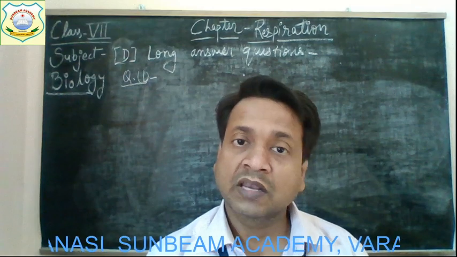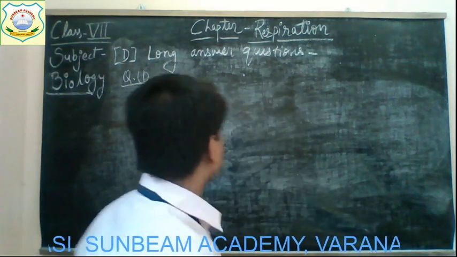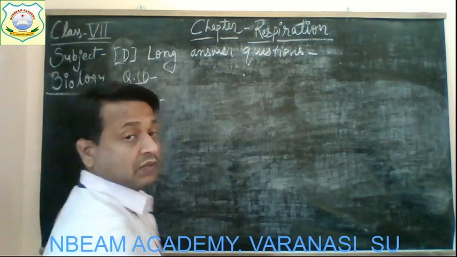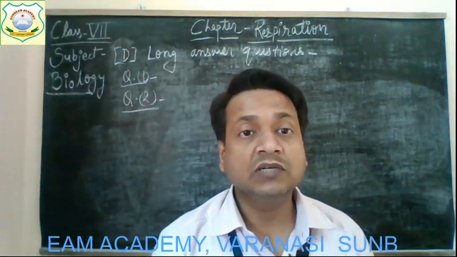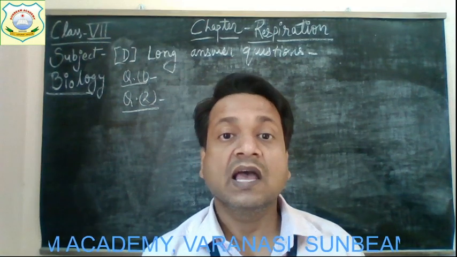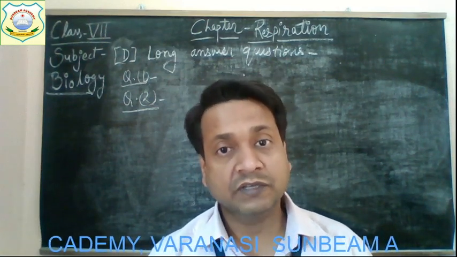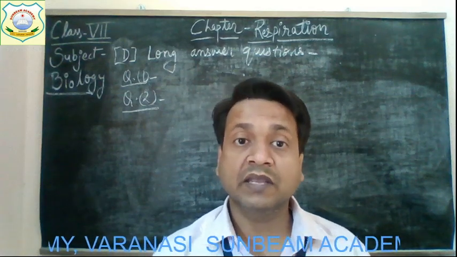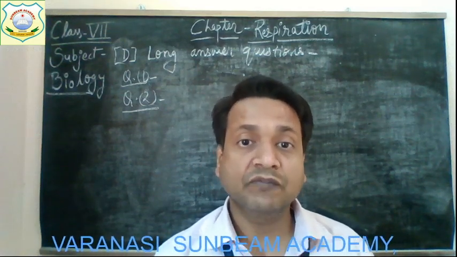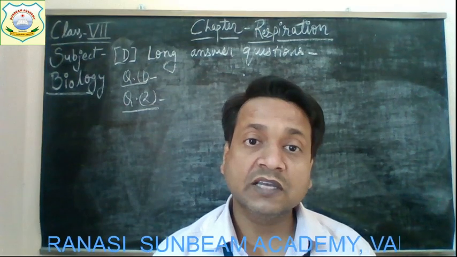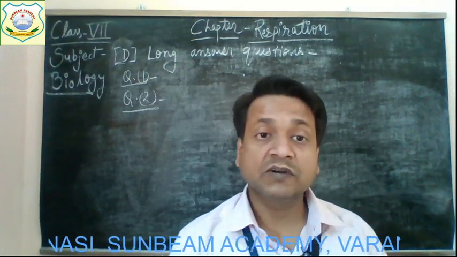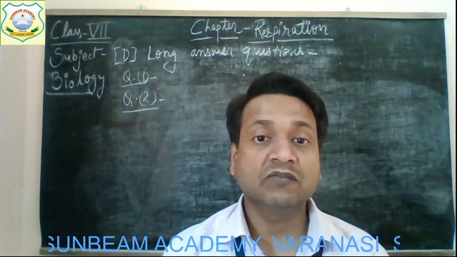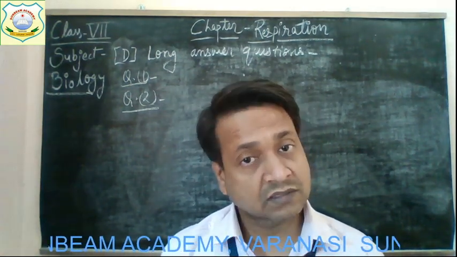Alright, now come to the question number 2. And the question is, how does exchange of gases occur in fishes and cockroach? So one by one you have to explain how these animals, fish and cockroach, exchange the gases. So come to the first, fishes. As you know that fishes use gills for exchange of gases. Is it?